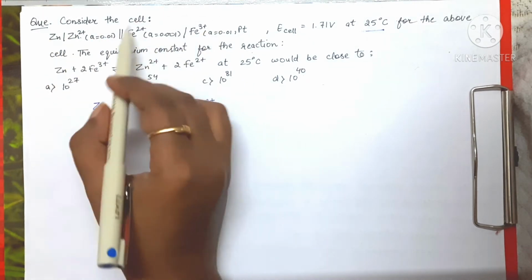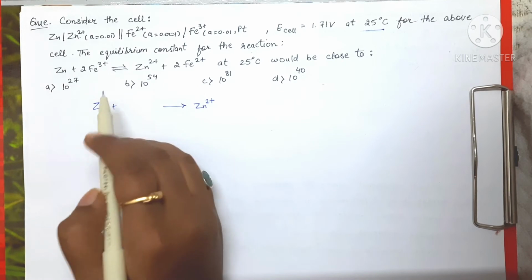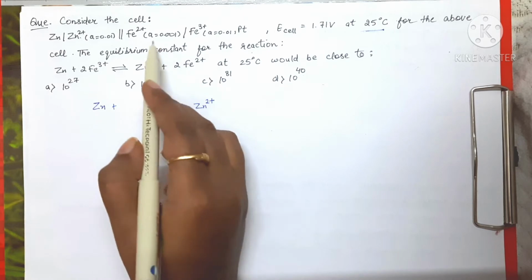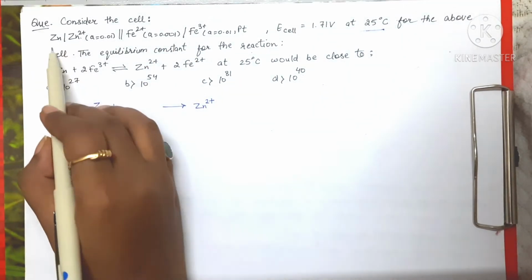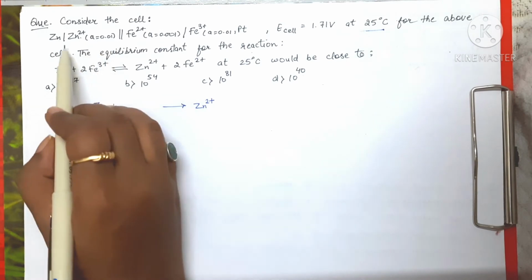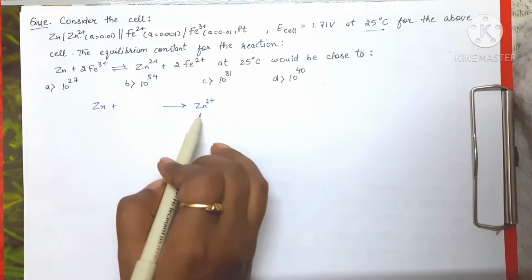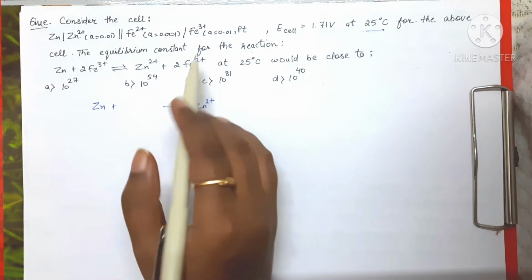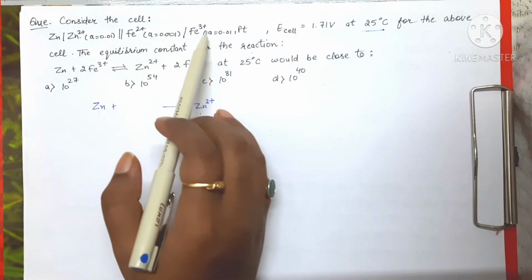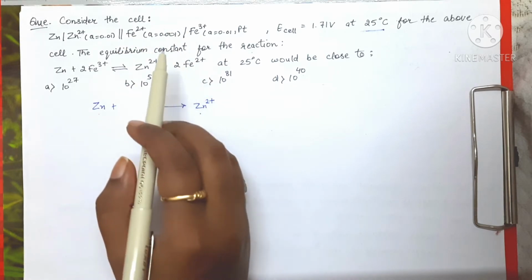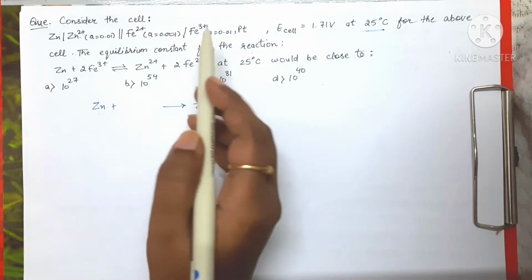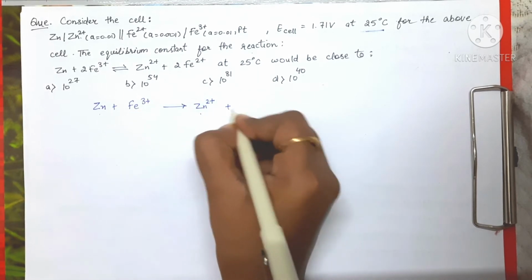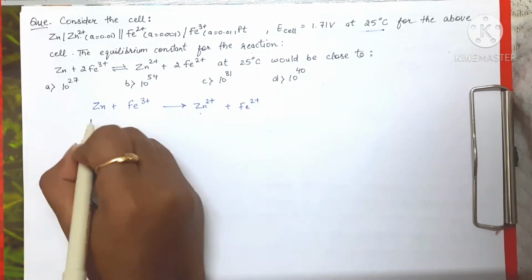Here it is the anode and here it is the cathode. At the anode oxidation takes place, and here we have to do the reduction of Fe. So this is the anodic compartment, that is why we write the oxidation of zinc: Zn is getting oxidized to Zn2+. This is the cathodic compartment, so here reduction will take place: Fe3+ will get reduced to Fe2+. This is how we write the reaction.